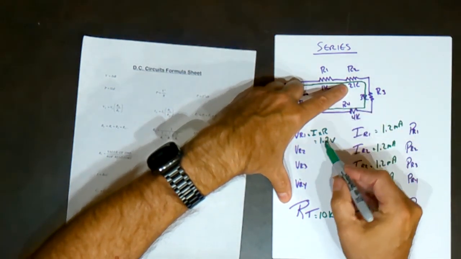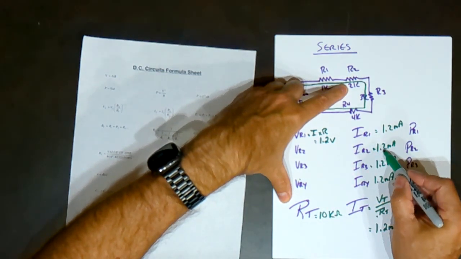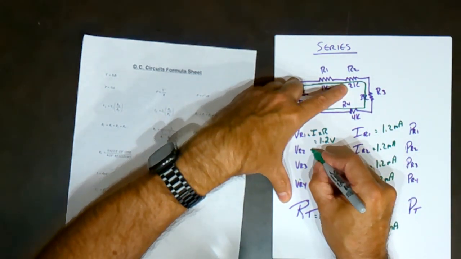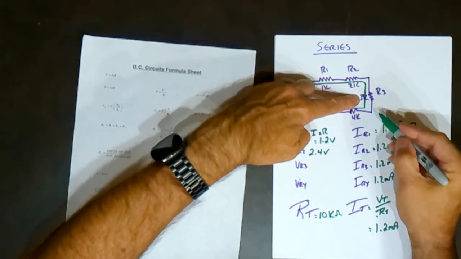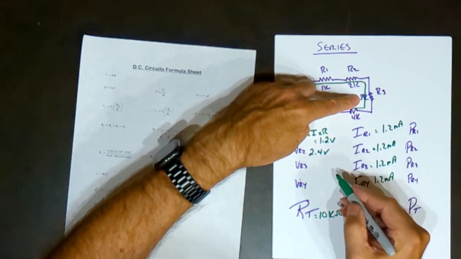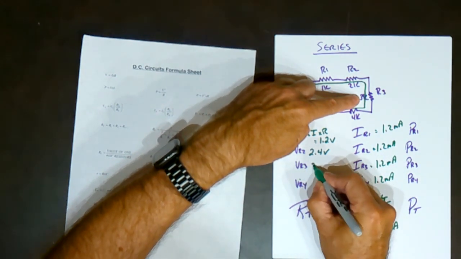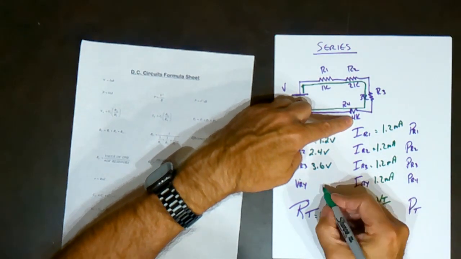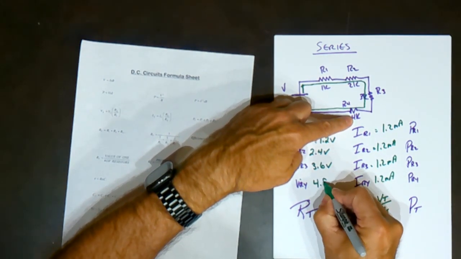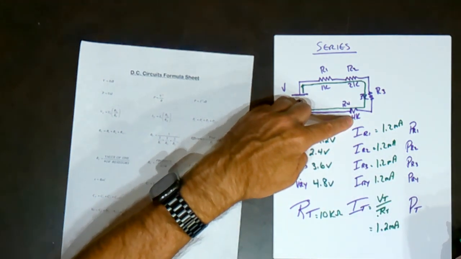Next one, 2K times 1.2 milliamps is going to give us 2.4 volts. 3K times 1.2 milliamps is going to give us 3.6 volts, and 4K is going to give us 4.8 volts.